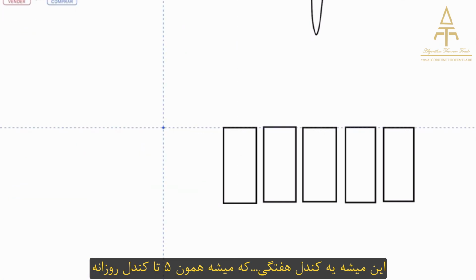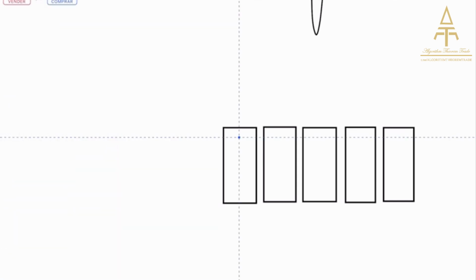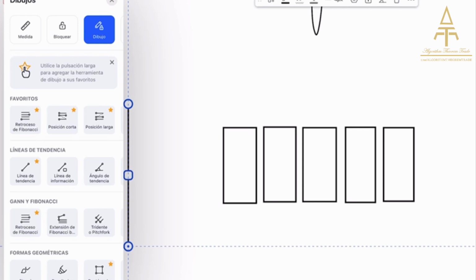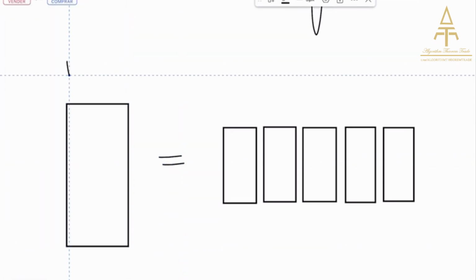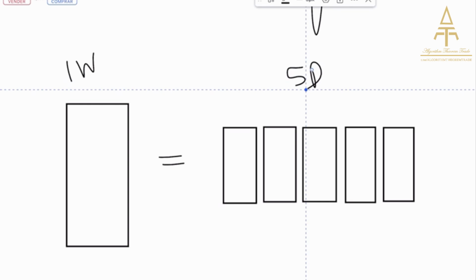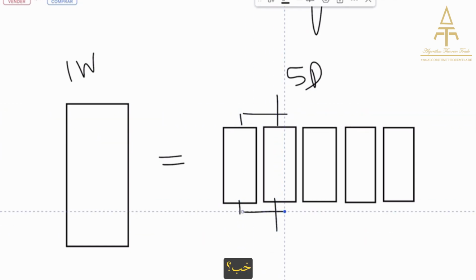This is one weekly candle, which is 5 daily candles, right? One week, 5 daily candles. You're looking to find a CRT within these 5 daily candles.